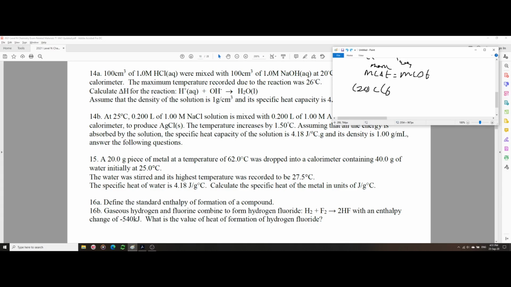So you're going to do 62 minus 27.5 equals MC. We have the M to be what? To be 40, and then C is given to be 4.18, and delta T is given to be 27.5 minus 25.